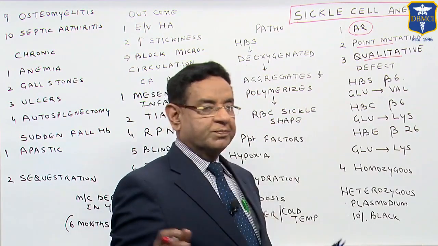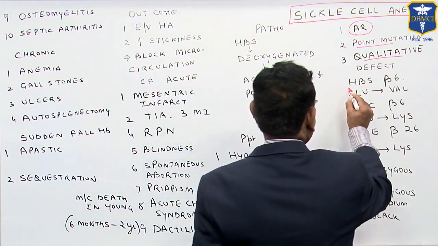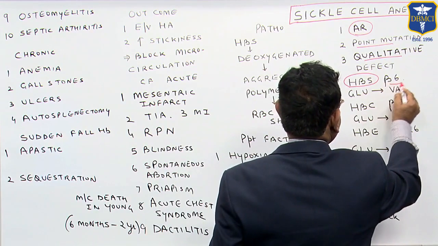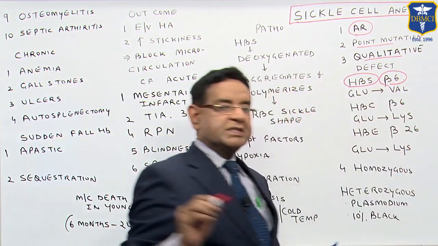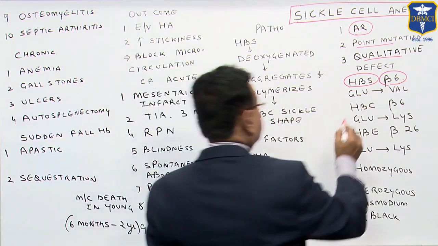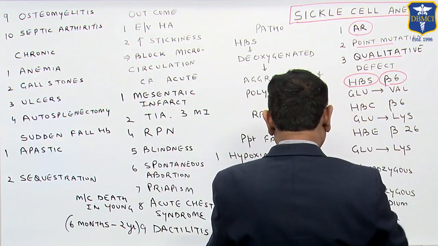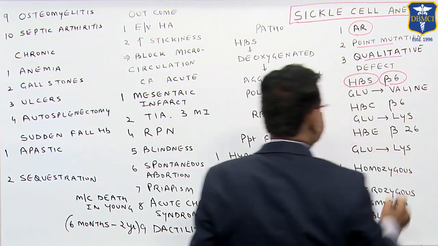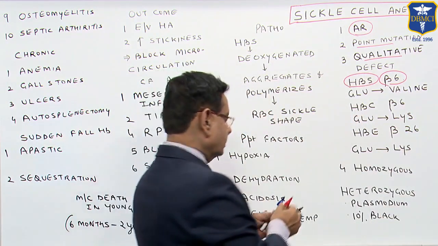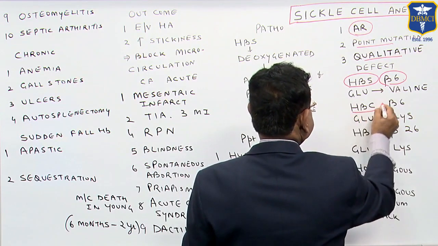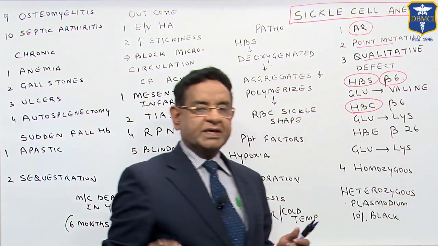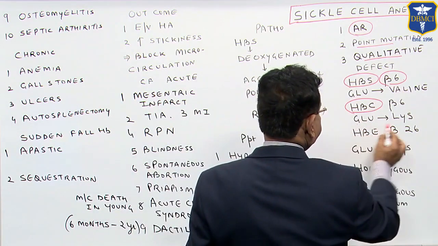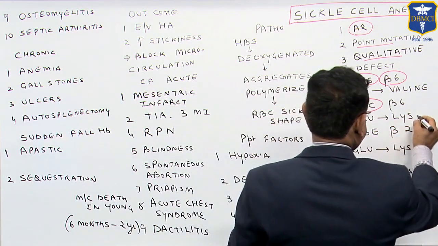Now what is the problem? We have hemoglobin S, in the beta chain, in the 6th position glutamate is replaced by valine. Similarly, we have one more, hemoglobin C, again in the beta chain, in the 6th position glutamate is replaced by lysine.